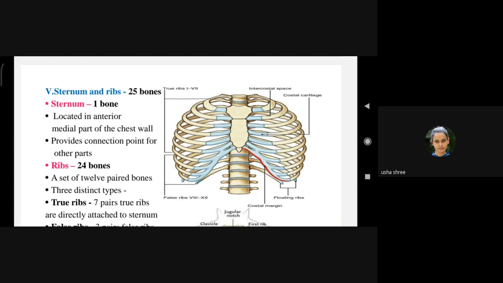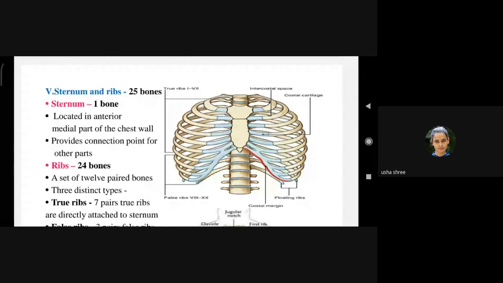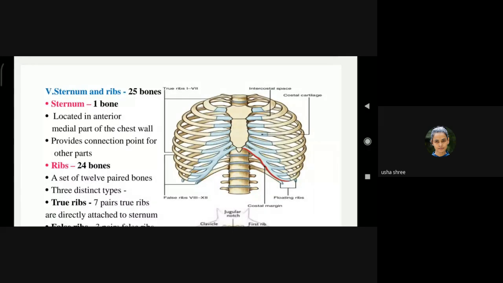So sternum and ribs: ribs are 12 in pair, as thoracic vertebrae are 12 in number. So 24 bones are there in the rib cage, and the total rib cage also contains the sternum. So total 25 bones are there in the rib cage.